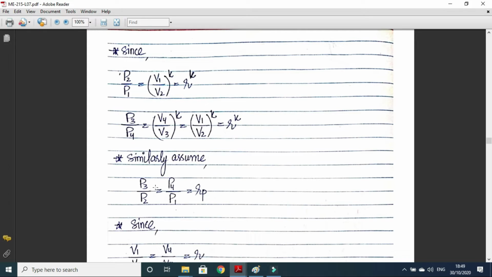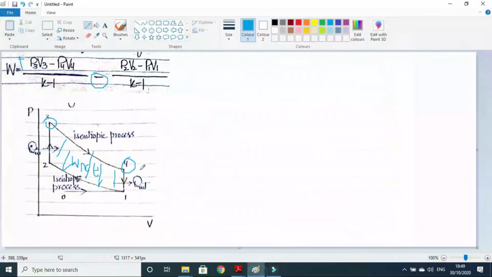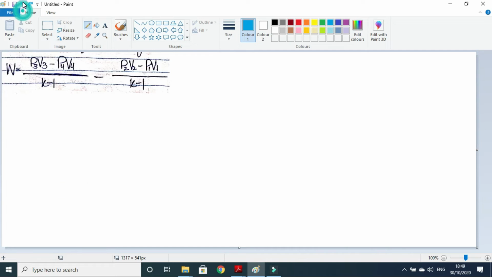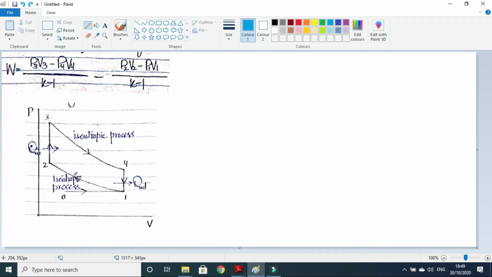Similarly, we can assume that P3 upon P2 is equal to P4 upon P1, which is equal to RP, the pressure ratio. We can see in this diagram that we are moving between two pressure levels: this is a low pressure constant line and this is a high pressure constant line.